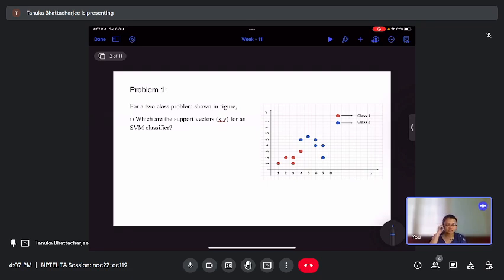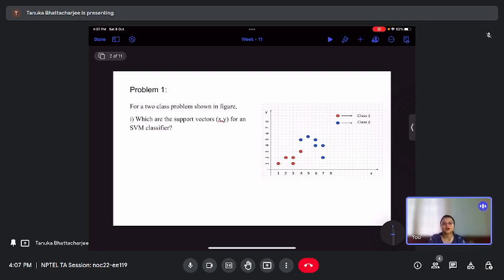Even after that, there might be some points apart from this training data, some point may come up which are even closer to the boundary. For that case also, if you have a larger margin, you have more room for those to get correctly classified. So the risk involved is much less.